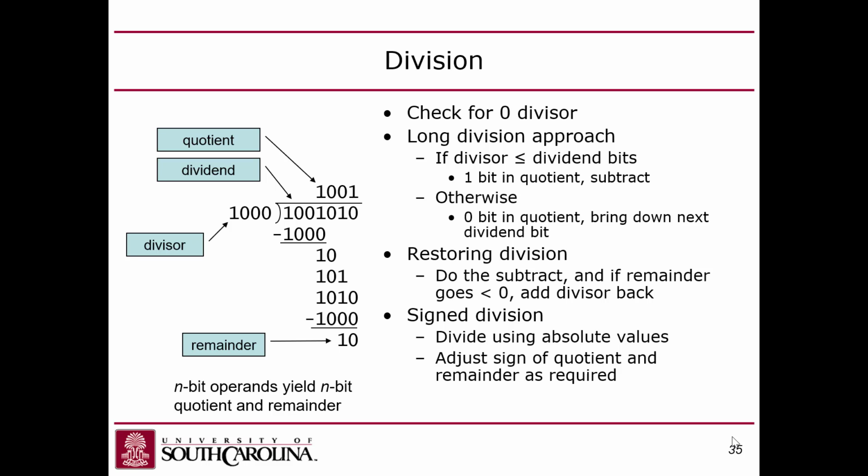Can we subtract 6 from 1? No. Can we subtract 3 from 1? No. So we're left with a quotient where the only bit that's set is 2. But we still have 1 left over. That's the remainder. So the quotient's 2, the remainder is 1.